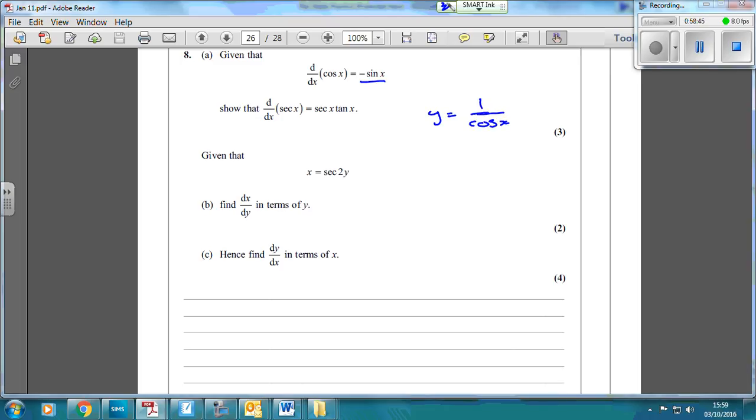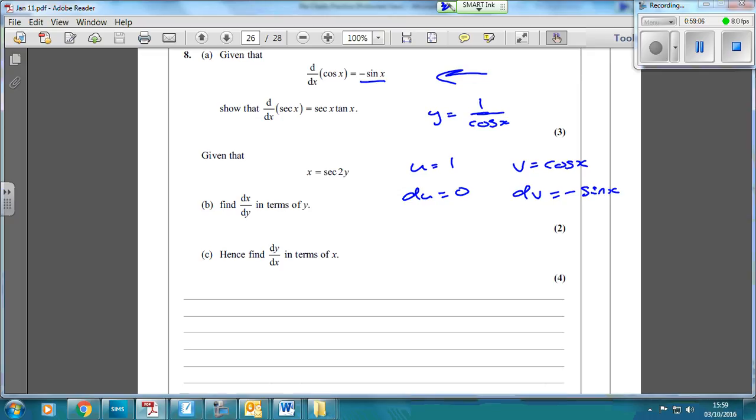Again, what that looks like to me is the quotient rule for the third time. So u equals 1 and v equals cos x. Now du equals 0, dv equals, if we differentiate cos, we get minus sine x, as we've got there.